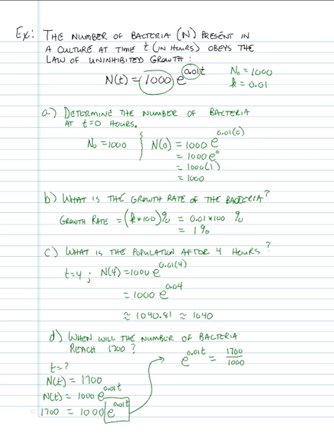Now, I don't want to write this as a decimal because I don't want to approximate too early. But certainly 1,700 over 1,000, I could write a little nicer, although it's not required. That is 17 over 10, isn't it? Which we could say is 1.7 exactly. But now to solve this exponential equation, what would we do? We'd take the natural log of both sides, wouldn't we?